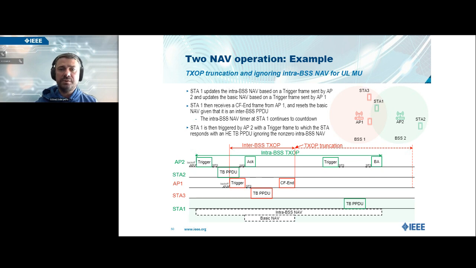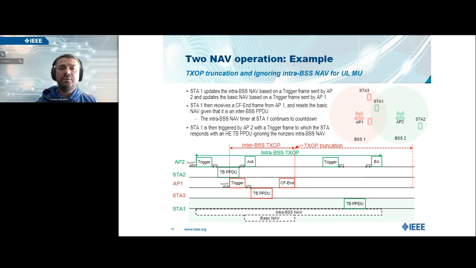Based on the colors that we're using here, green identifies stations that are associated with AP2, and red identifies stations that are associated with AP1. As a station 1 associated with AP2, once you receive a trigger from AP2, which is your AP, you set the intra-BSS NAV for the amount of time that the AP told you. Then the AP is interacting with station 2, and all of a sudden there is a trigger frame from AP1 that sets your basic NAV.